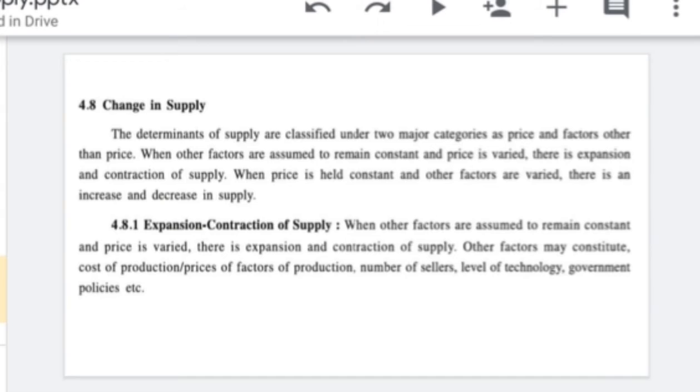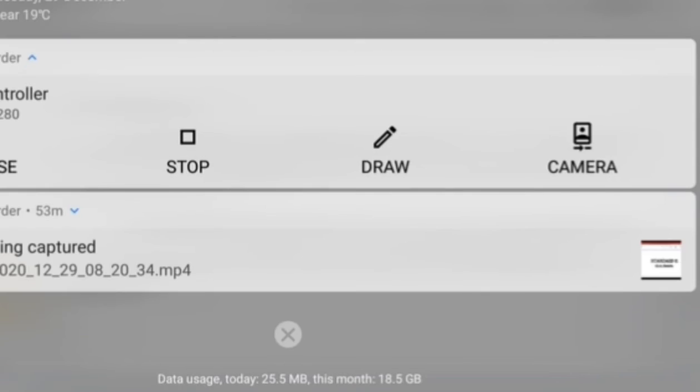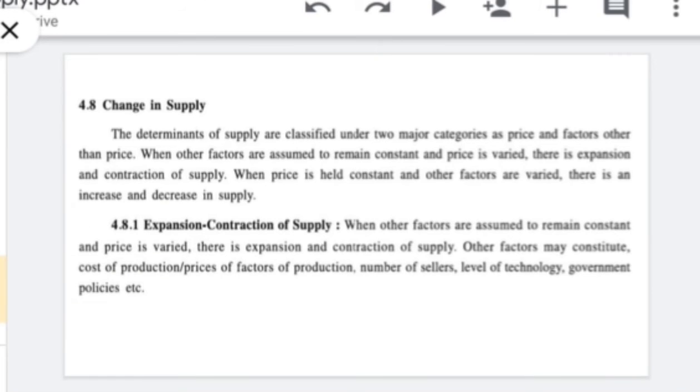Now, change in supply. Change in supply is of two types. One is expansion and contraction of supply. Another is increase and decrease in supply. What is expansion and contraction of supply? In this, other things should remain constant. As I showed you, cost of production should remain the same, number of sellers should remain the same, level of technology should be the same, and government policies.